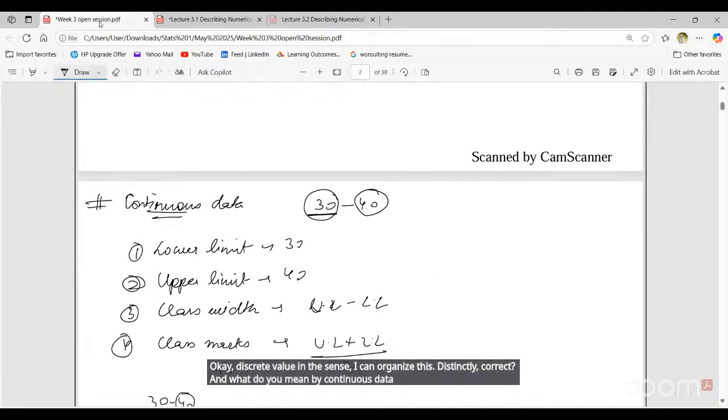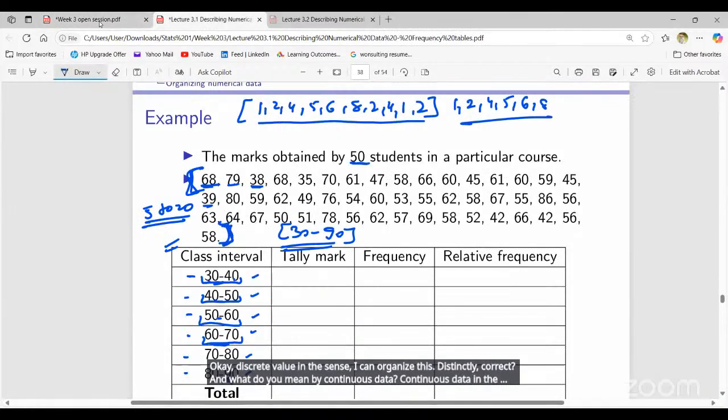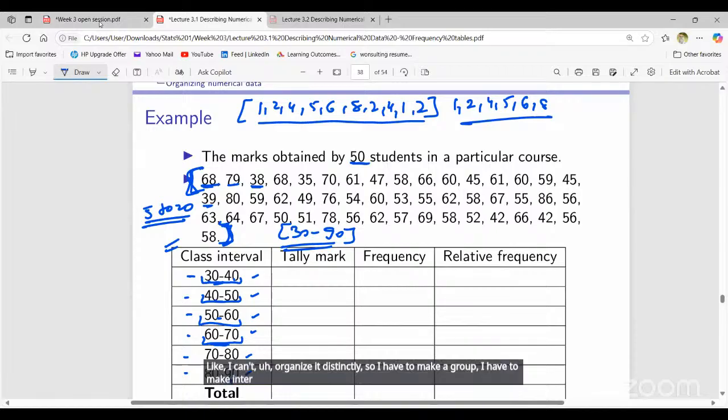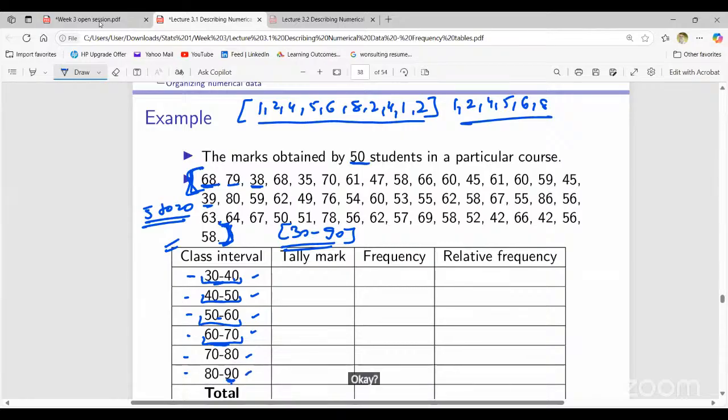Continuous data in the sense I can't organize it distinctly. So I have to make groups, I have to make intervals, then only I can represent the value. Whether it's continuous data or discrete data or anything. Got my point? So we can say that when we are doing intervals, we are converting the discrete data into interval data for the convenience.